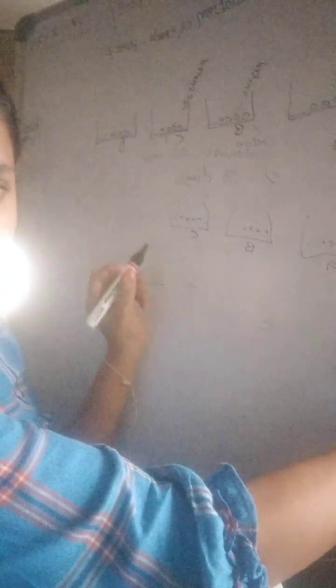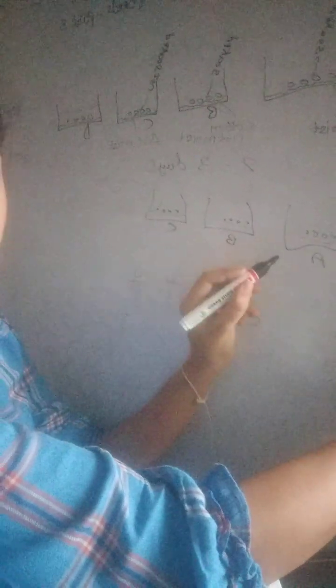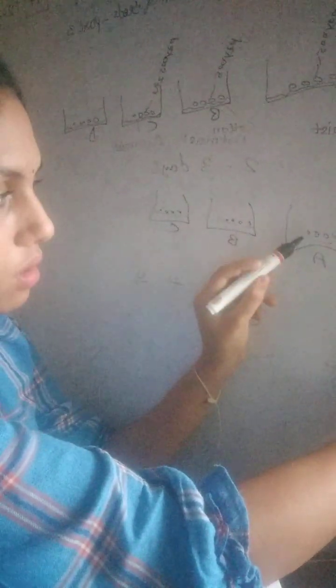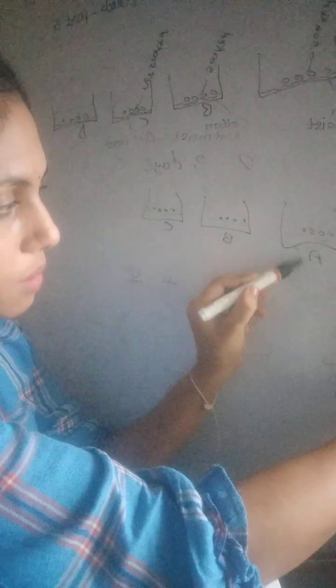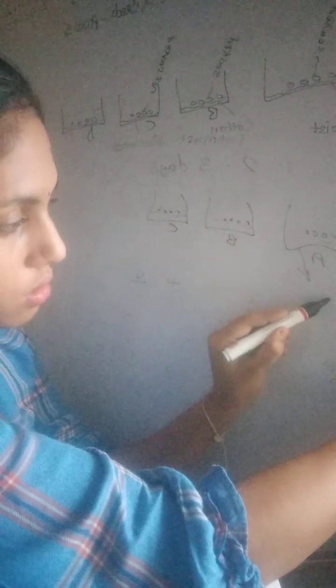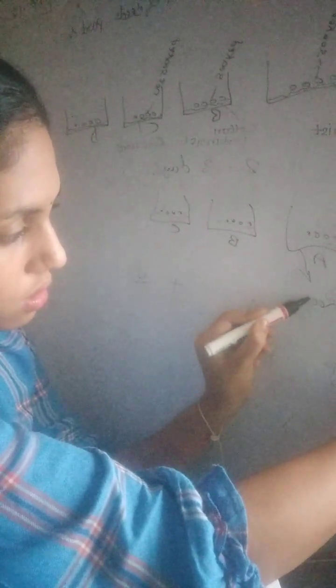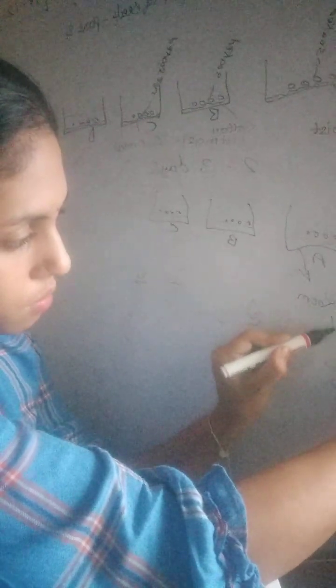Okay, so in petri dish A, we will keep the petri dish A in the room temperature itself. Okay, room temperature.